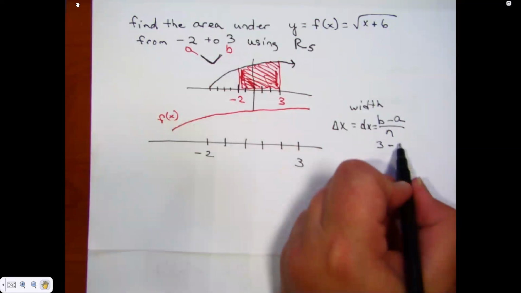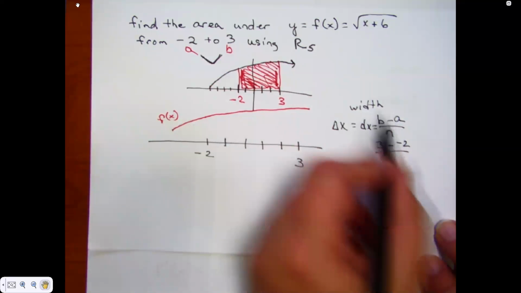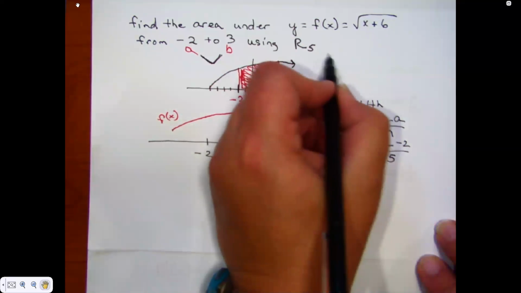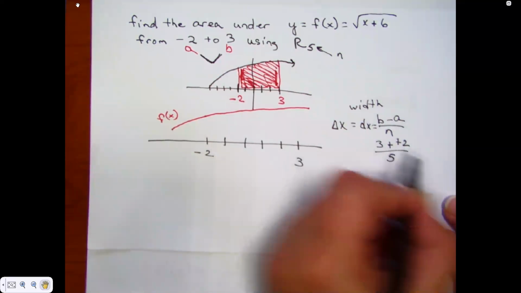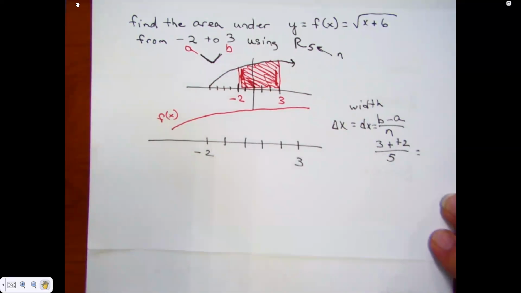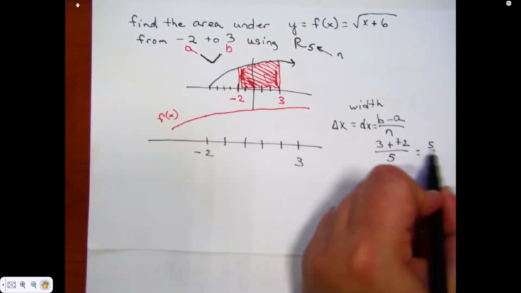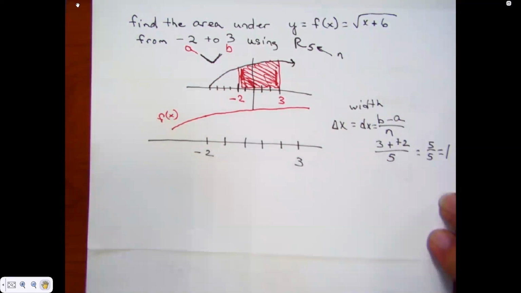B minus, and then A just happens to be negative, divided by n, which is your number of rectangles. This is n. So that gives us 5/5, which is 1. So the width of each rectangle is 1, which turns out really nice.